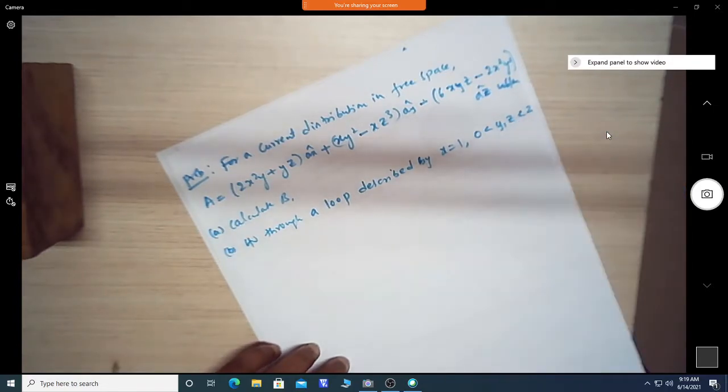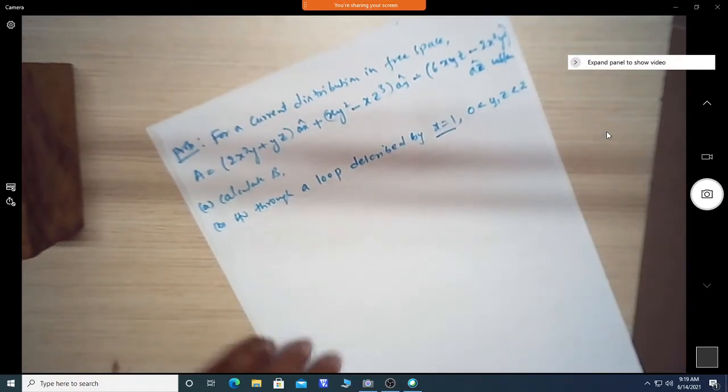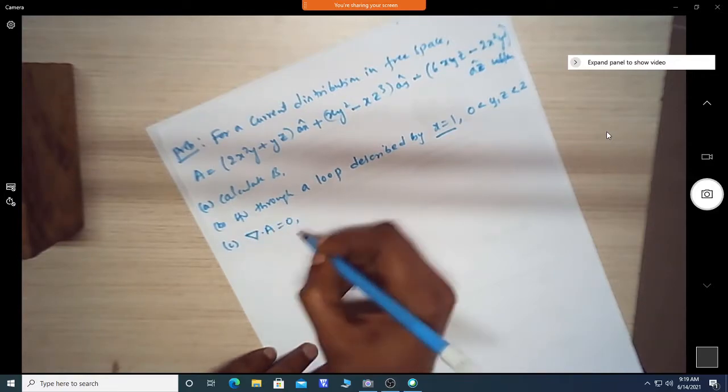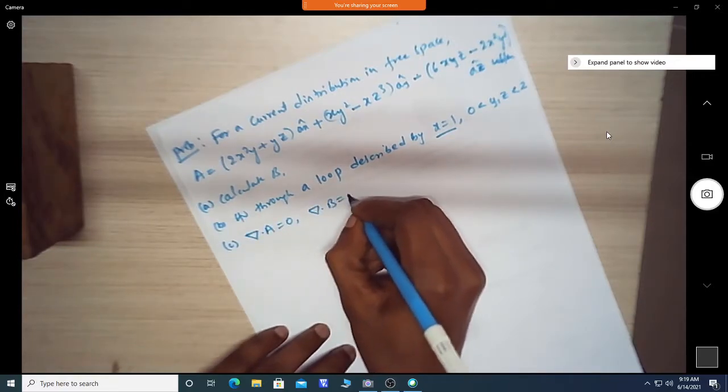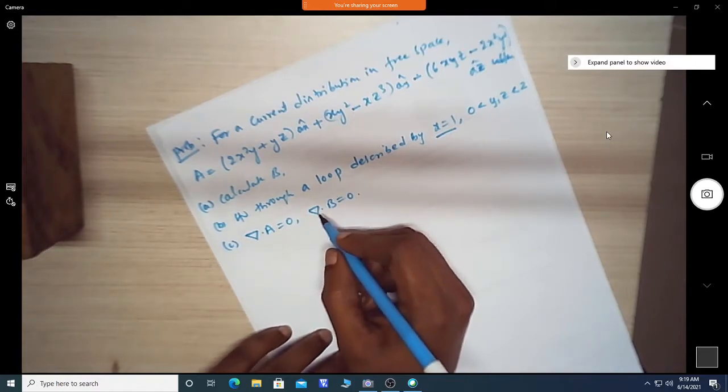So at a constant x surface we have to find the flux. And third, find out whether del dot A equals 0 and del dot B equals 0. We need to find this and verify this.